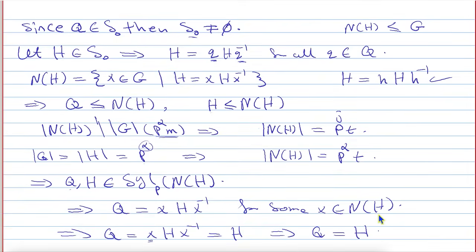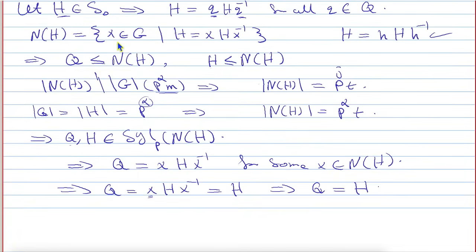So we started with the existence of one subgroup in S naught. We took another subgroup and then we found both are the same. And this means S naught contains only a single subgroup. Okay, so this means that S naught contains only Q, which implies that the size of S naught is 1. Okay, now we return to our lemma.